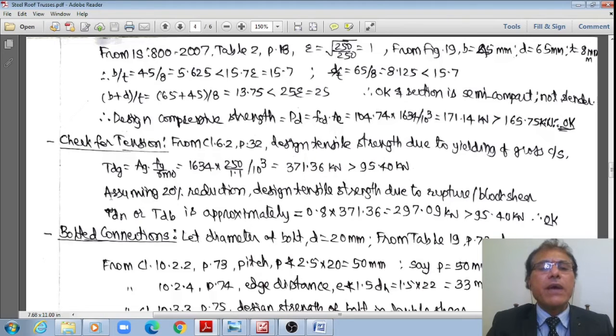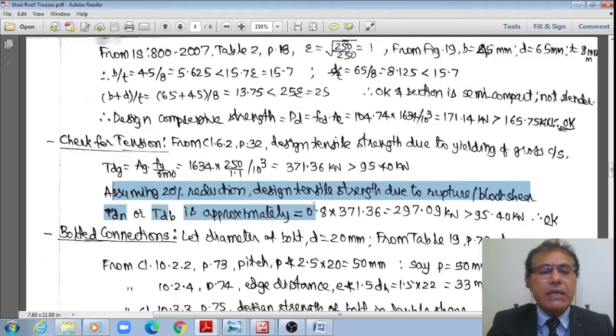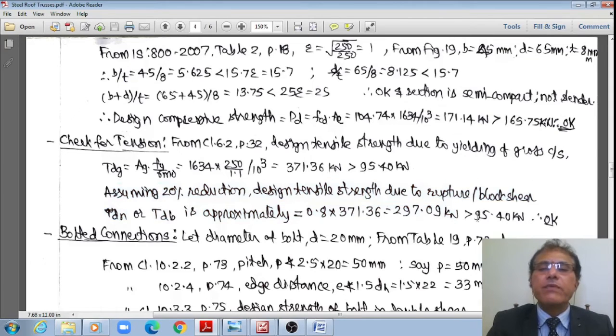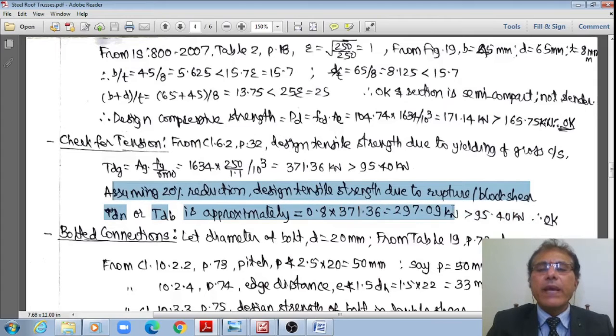Therefore, even assuming just 20 to 30% reduction, design tensile strength due to rupture and block shear, either Tdn or Tdb, will be approximately equal to, with 20% reduction, 0.8 multiplied by 371.36, which works out to approximately 297.09, which is much greater than 95. However, this is a very vague assumption.